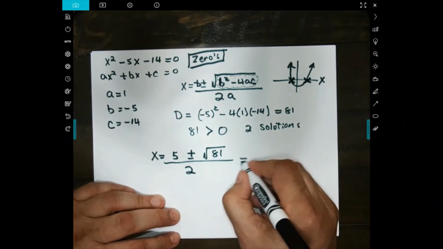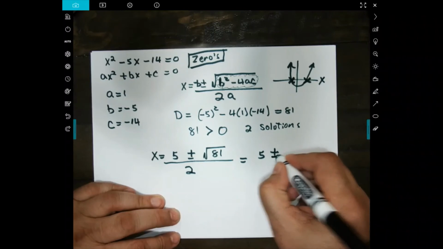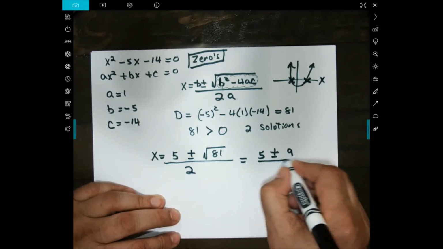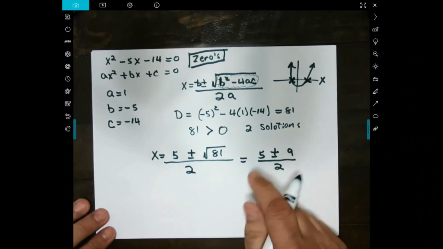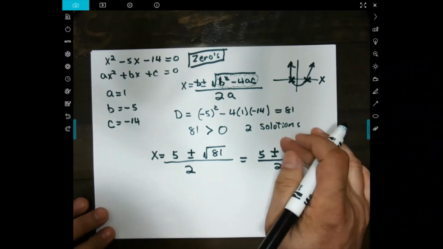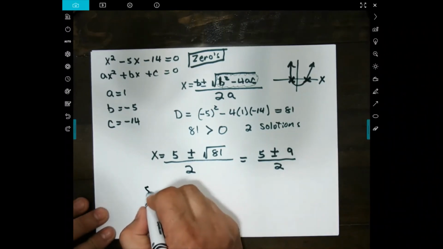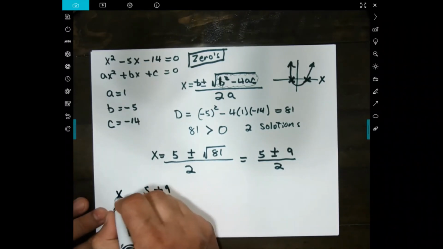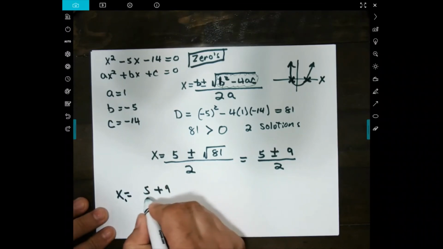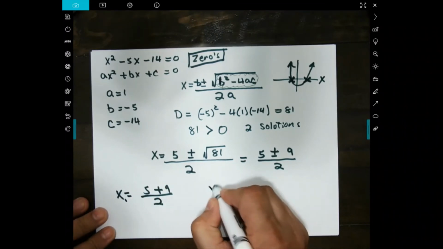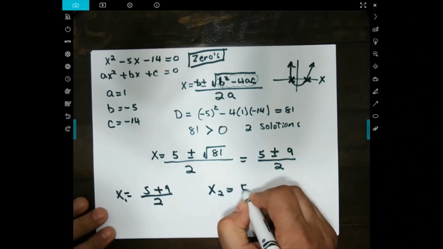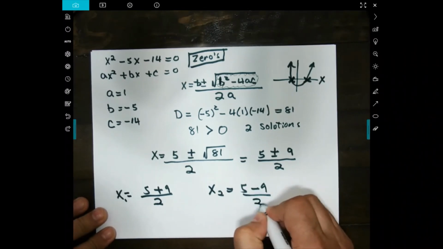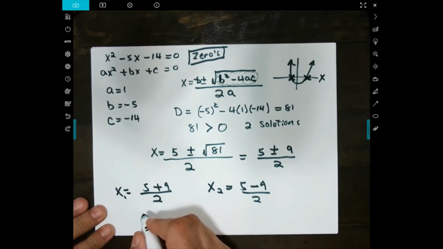So that's equal to 5 plus and minus 9 over 2. Remember we have two solutions here, so x1 equals 5 plus 9 over 2, and our other solution, x2 equals 5 minus 9 over 2.